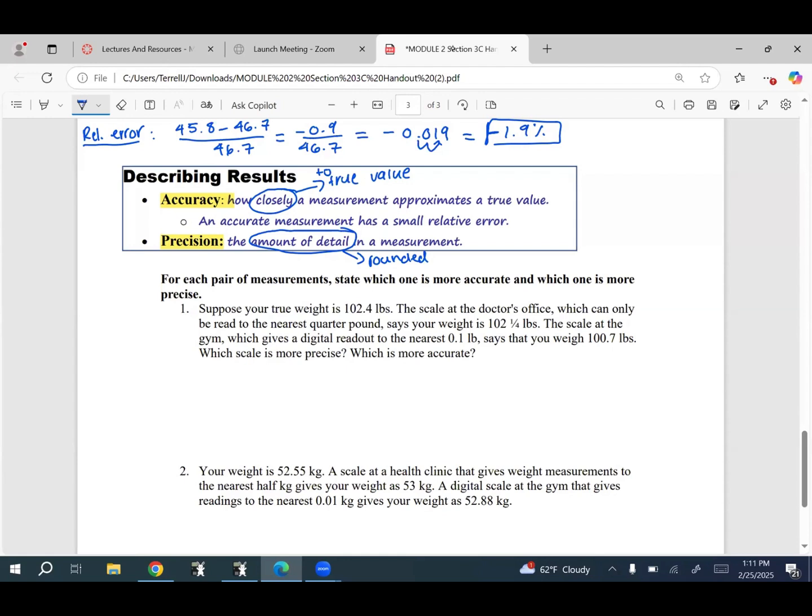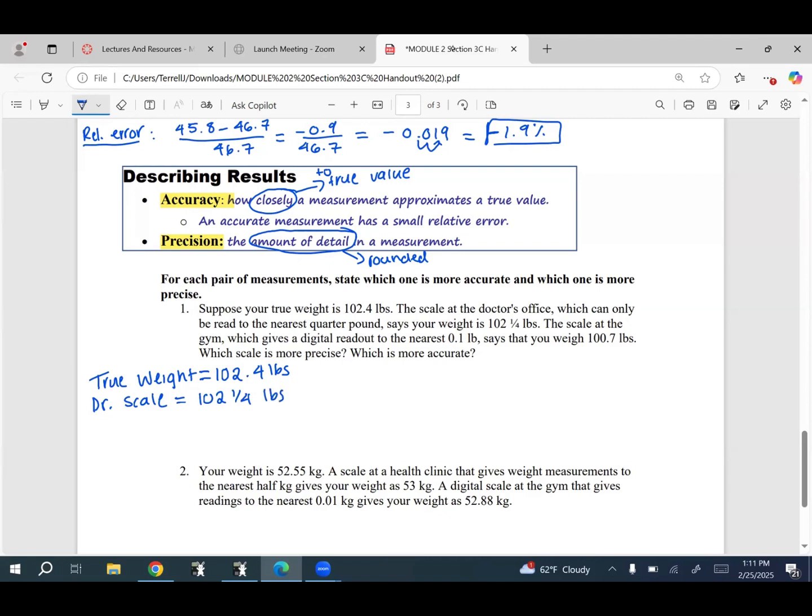So I'm going to write it down like this. We have three things here. It says your true weight. So let's write that. True weight is 102.4 pounds. And then you have the doctor's scale, the scale at the doctor's office, which is 102.25 pounds.